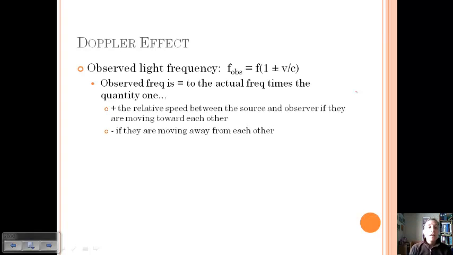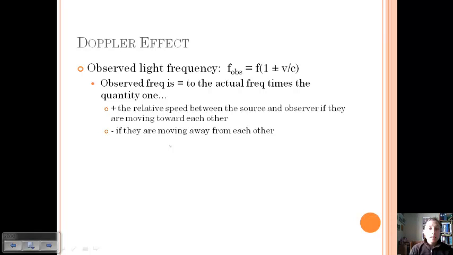So let's look at this. If we want to find the observed frequency, like you observing light, this is f observed, equals the actual frequency, f, times 1 plus or minus v over c. Let's talk about when you would make it positive and when negative.